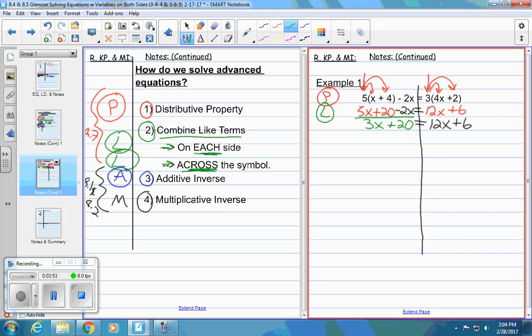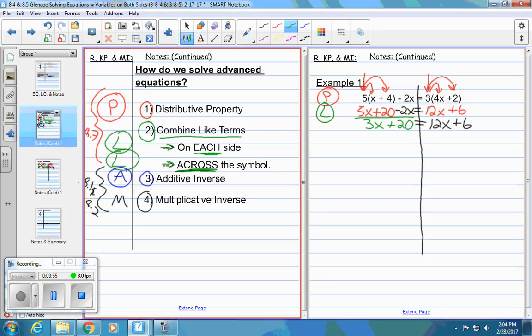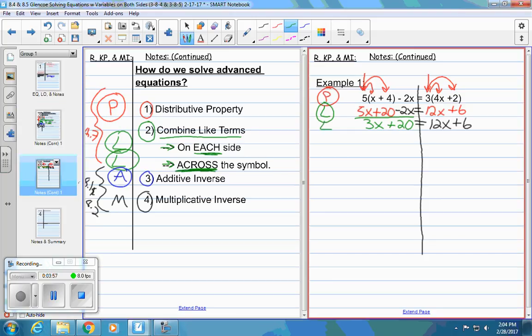The second part of the combine like term step is across the symbol. And we do have like terms across the symbol. I have this 3x and the 12x. The only way to get anything across an equal sign is by using an inverse.